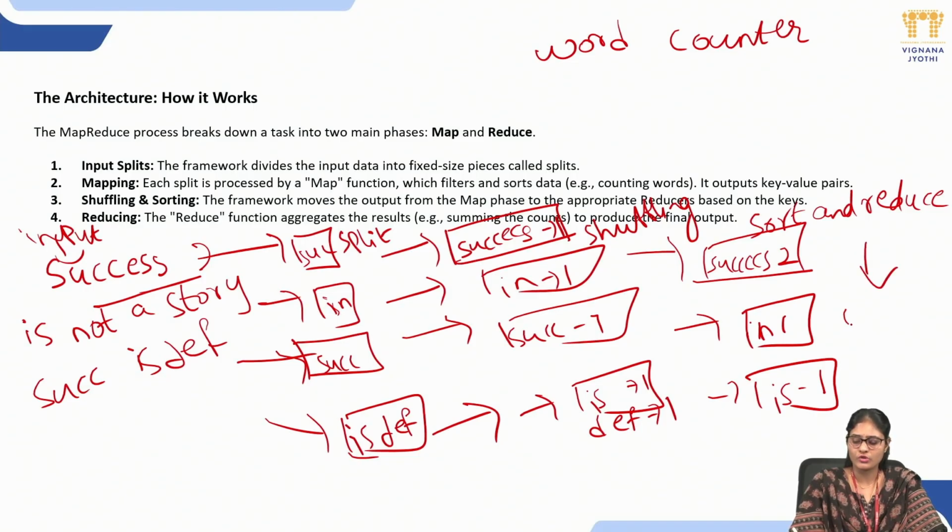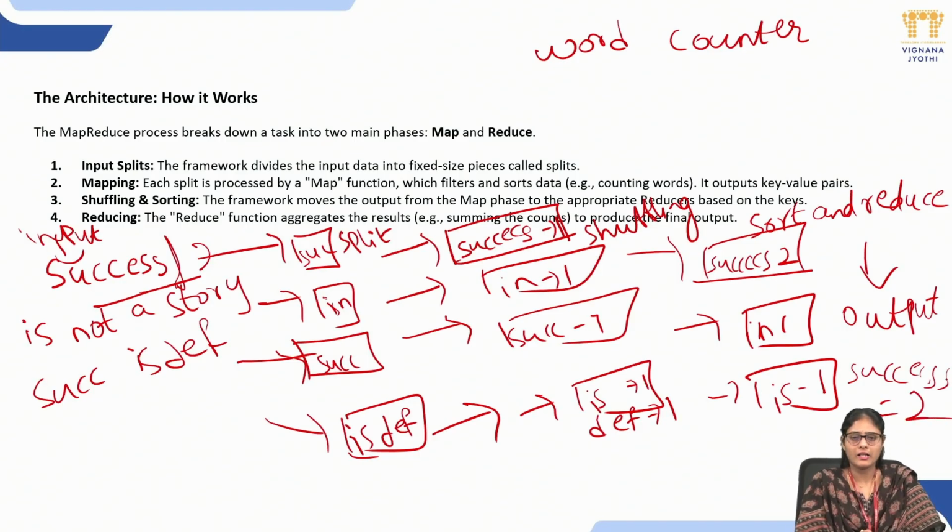And in the output stage, the last stage, our main example is how many times the word success is there. So in the output it will give success 2. So these are the 6 different stages: input, split, shuffle, sort and reduce, and output. The algorithm works in this way, as I have explained, and it gives us the output.